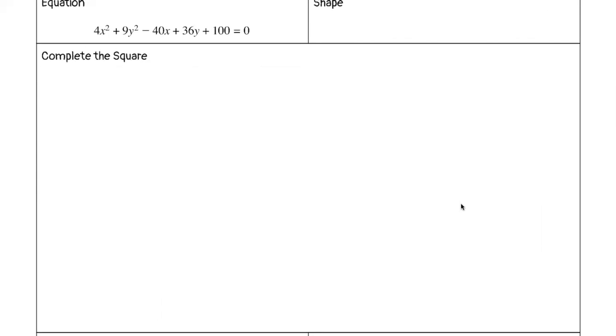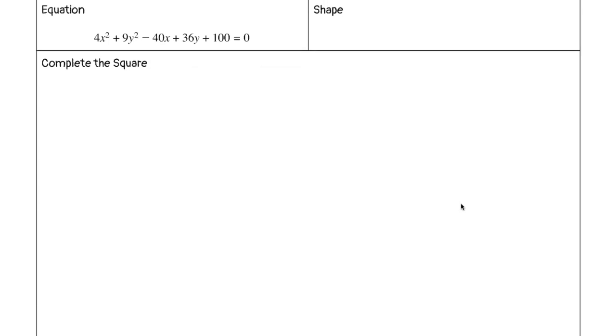What would be the first thing I would want to do when I look at this long equation? 4x squared plus 9y squared minus 40x, and so on. Let's clump things together. Let's take all of our x's and clump those together. We're going to take the y's and clump those together.